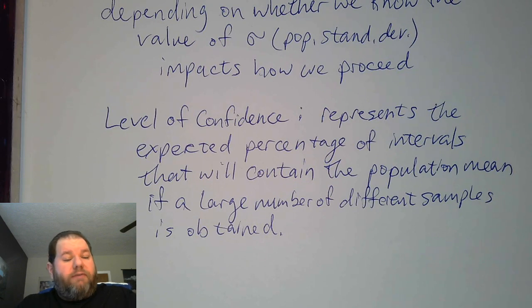We figure 70 will be pretty close, but to be confident in our result, we might be safer to say that we feel like it's going to be between 65 and 75%. And so that's one way that we can use a confidence interval to make a prediction about the mean.